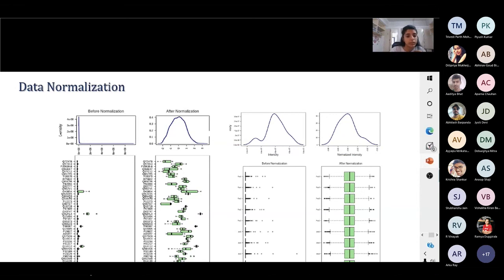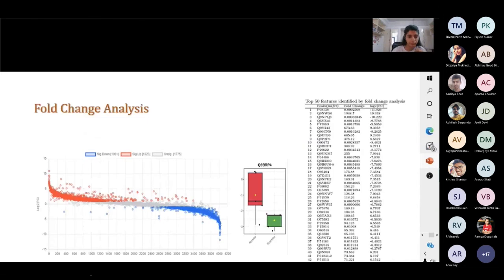But after normalization, these proteins were normalized properly, and on the right side, a box plot shows that all the proteins are normalized. This means that we can take this normalized data for further analysis.